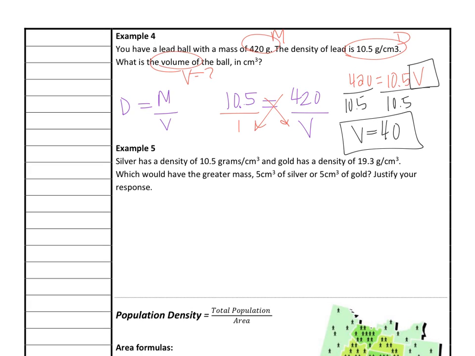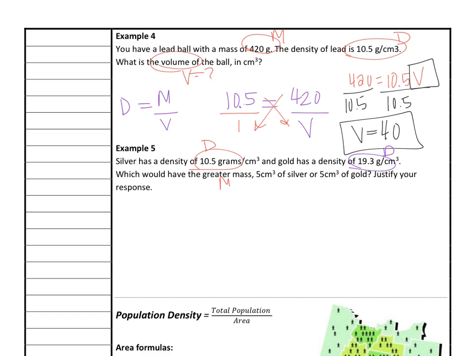Example 5. Silver has a density of 10.5 grams per cubic centimeter, and gold has a density of 19.3 grams per cubic centimeter. So I'm going to circle those two in two different colors, though, because I have density of silver and density of gold, and I'm putting my D on both of them. Which would have the greater mass?